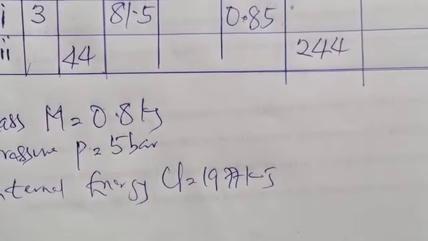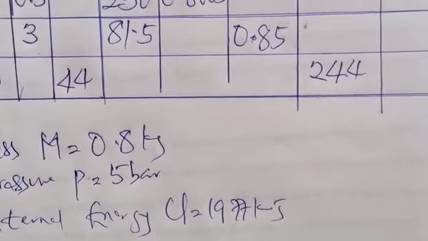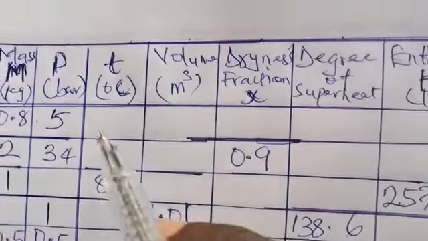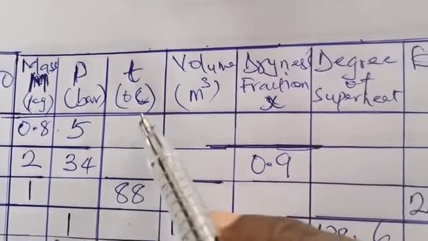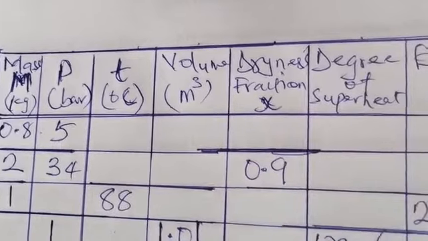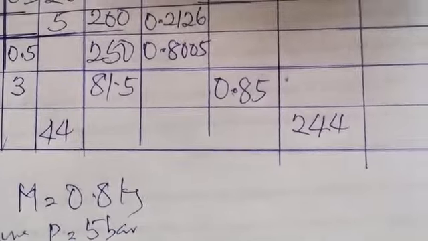So it's not specific, it's total. All right, so let's start with the temperature column. We need to find the temperature in degrees Celsius. So all we need to do is go through the steam table and look for the temperature that corresponds to the given pressure of 5 bar. Okay, let's check it out.